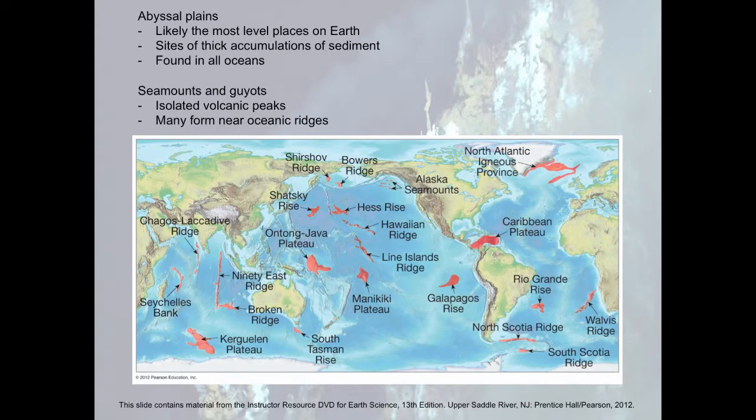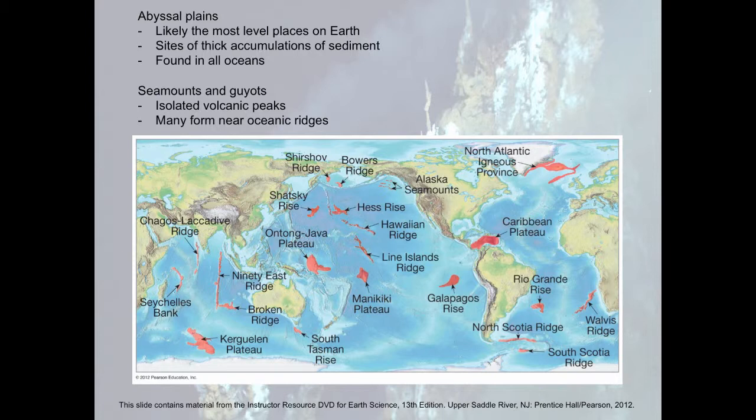The abyssal plains, on the other hand, are the second of the three primary zones of ocean basin geometry. The first being margins. We looked at passive and active margins just a second ago. Abyssal plains are the deep ocean basins. Abyssal plains are very flat, relatively tectonically quiet zones of sediment accumulation.